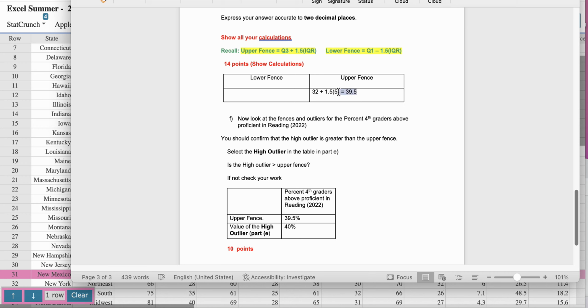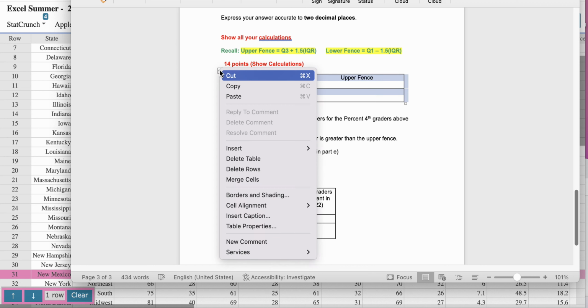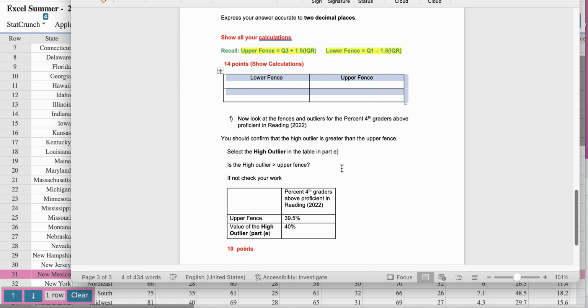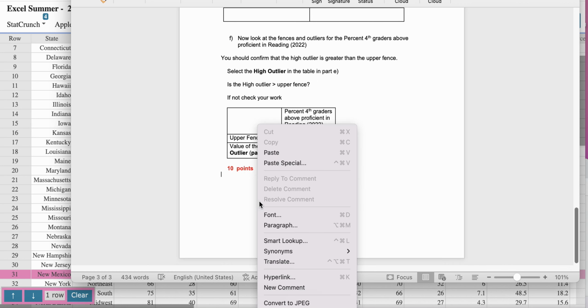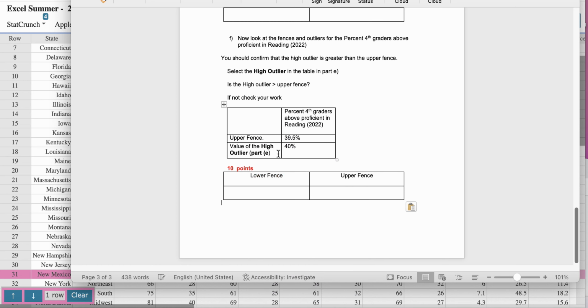Suppose you want to fill in a blank table. Because you're going to be writing this out, you can click on the table and copy it, and then you can take that table and paste it into your document.